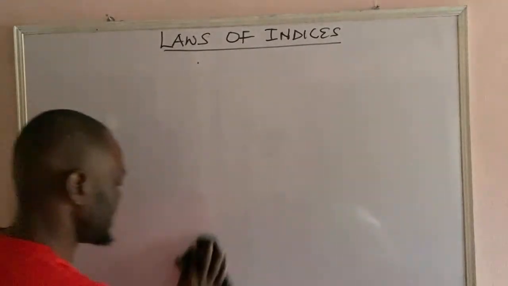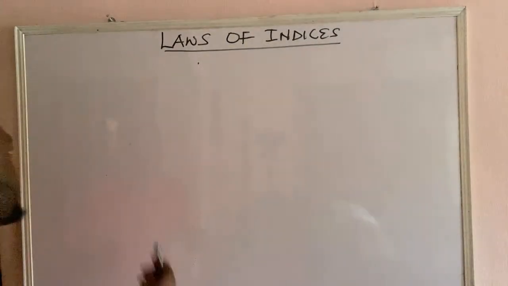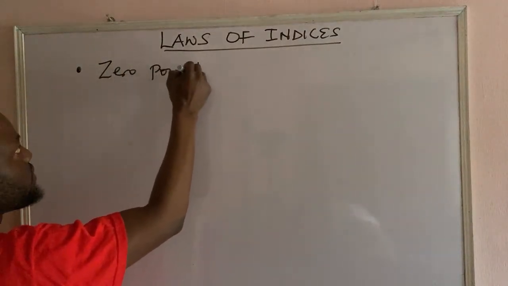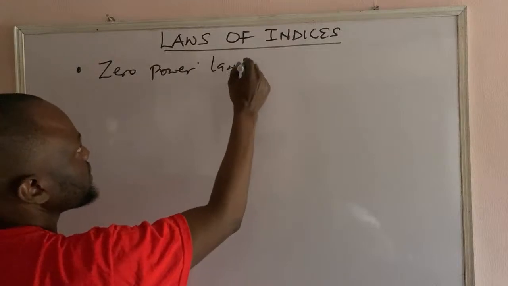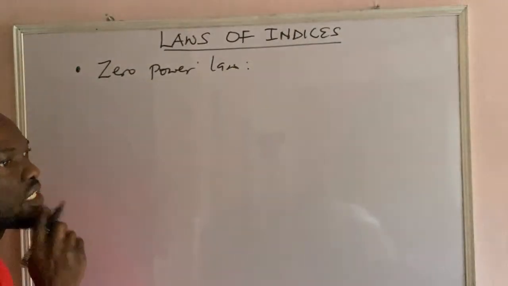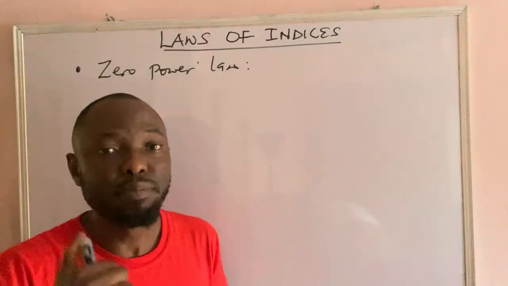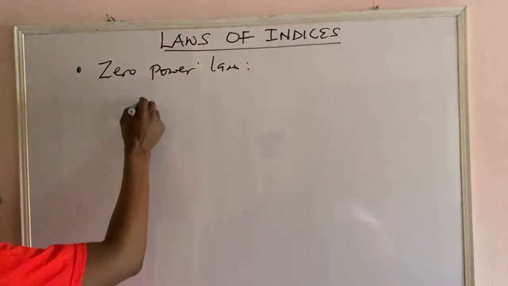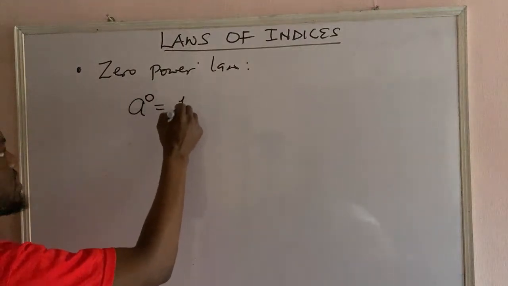So without wasting time, we've seen 3 of the laws. Now I want to see the zero power law. Now in the zero power law, the law states that any base to the power of 0 is a 1. If I have a to the 0, it is a 1.